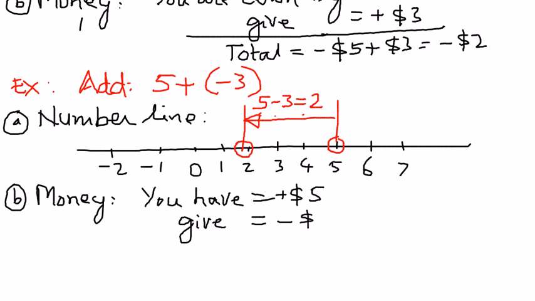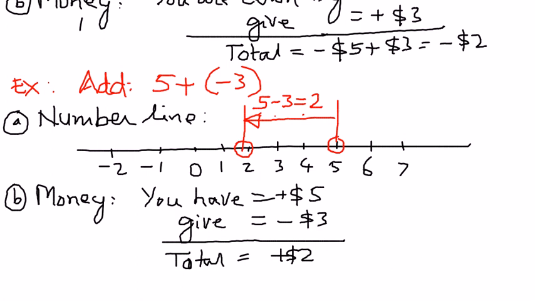When you give away, you're subtracting from whatever balance you have. So when you give away $3 from the total amount you have, which is $5, the total balance which you're going to have with you will be positive $2, and that is another way of understanding how to add two integers.